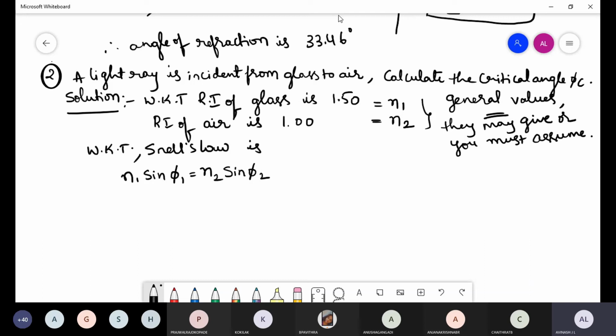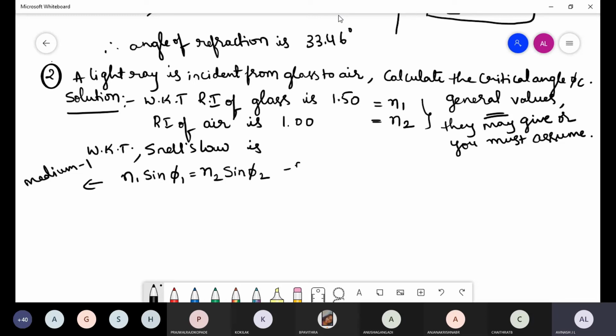N1 sin phi 1 equal to N2 sin phi 2. So in this particular case, medium 1 we consider as glass. This is what is called medium 1.